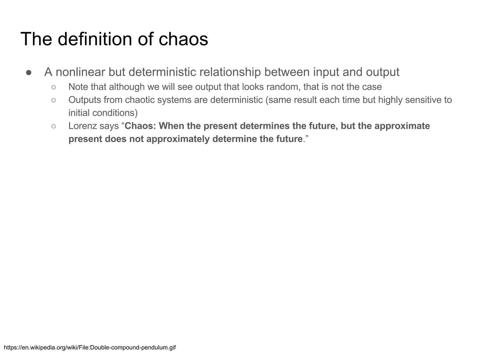So one of the fathers of chaos theory, Ed Lorenz, said chaos is described when the present determines the future, but the approximate present does not approximately determine the future. That means if you have even the slightest uncertainty about the current state of a system, the future state will be completely unpredictable.